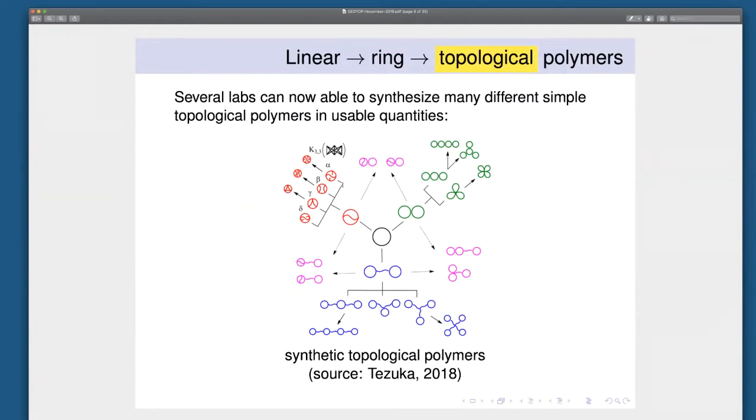There's a complete graph on 4 vertices, which I guess is here. Or you can go down another branch and get this thing called the handcuffs graph, and these things, which are lasso graphs or lasso polymers.